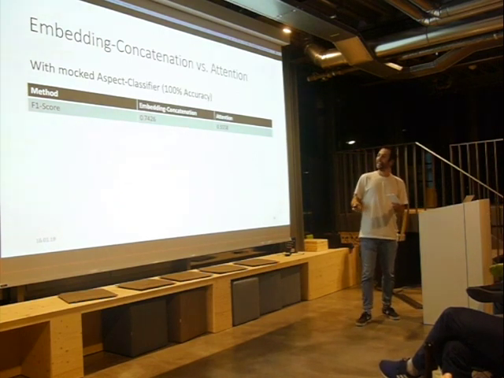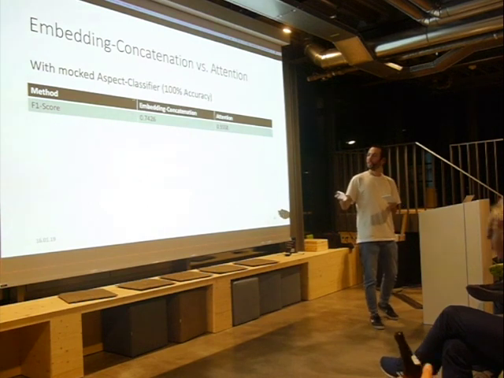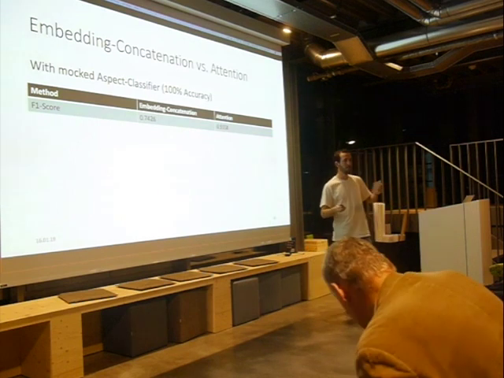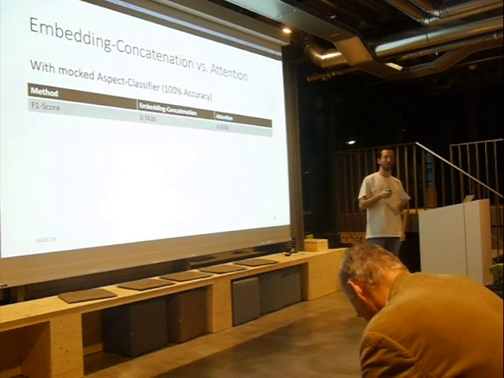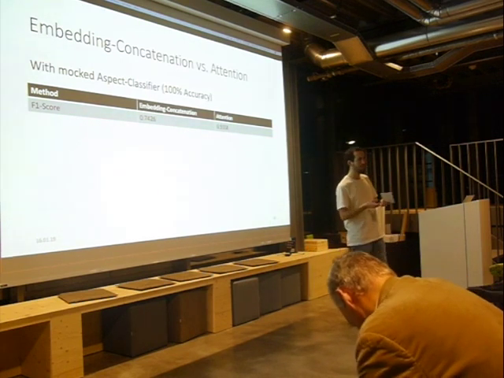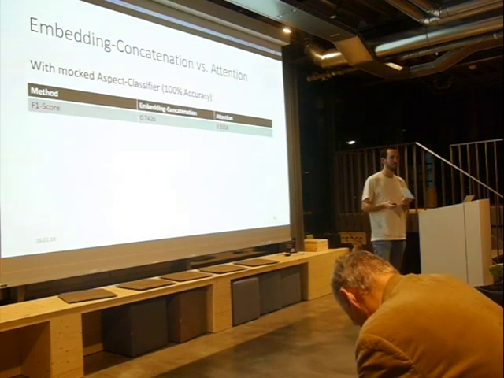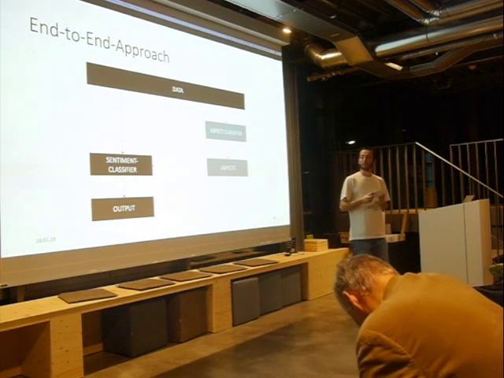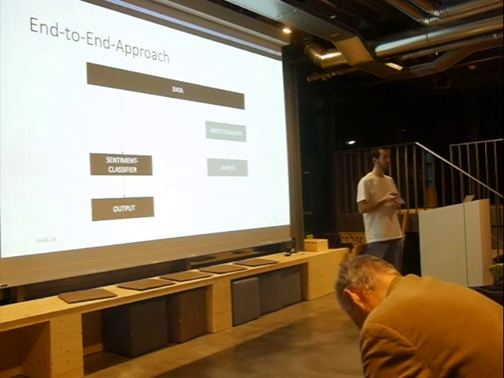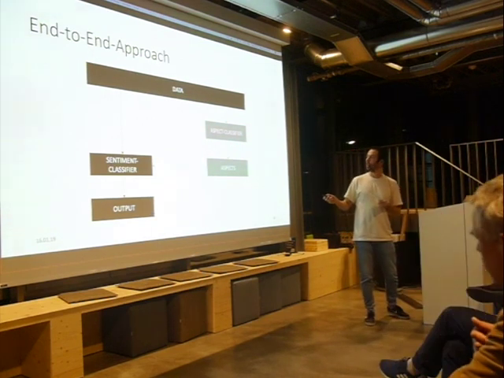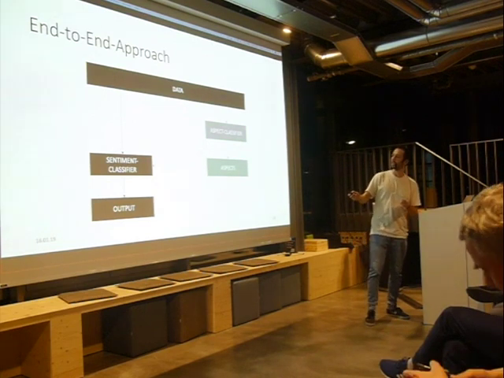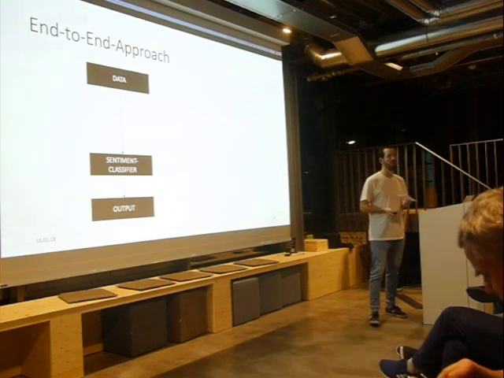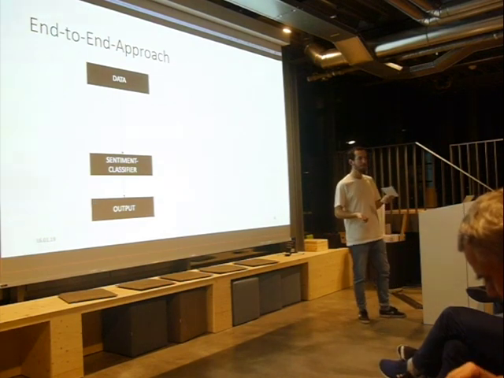Another interesting thing I might mention here is that we used mod aspects to compare these two techniques, so the results are not influenced by the accuracy of our aspect classifier. The second approach is simplifying our system by not using a second classifier, but computing the output in an end-to-end approach.